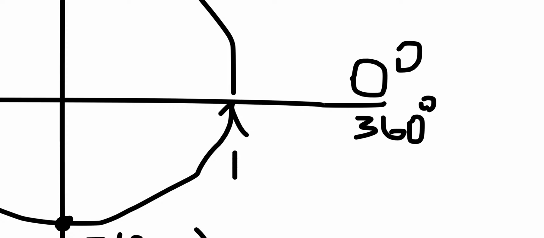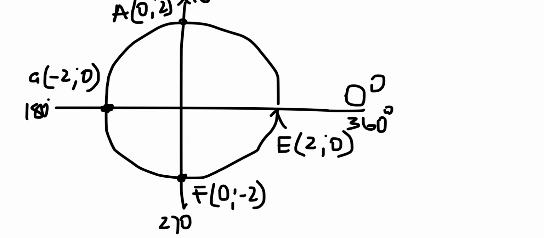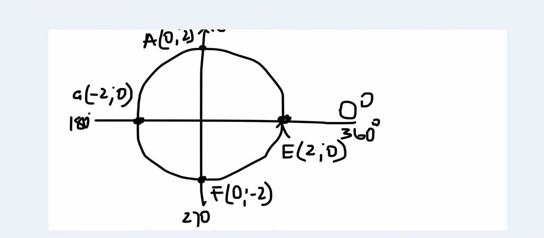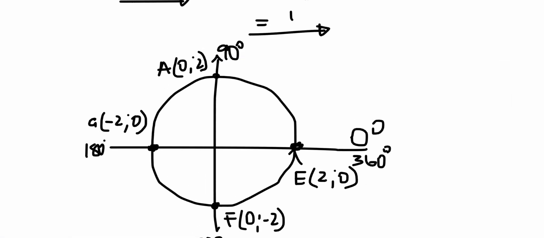That point there is point E where we have 2 and 0. So I think it is straightforward. The coordinates are just 2, 2, 2, it depends on the quadrant where that lies. The one that lies along the x-axis on the left-hand side will definitely be negative 2. On the other side it will be positive 2. Then for the ones along the vertical line, the upper side will be positive 2, and the lower side will be negative 2.